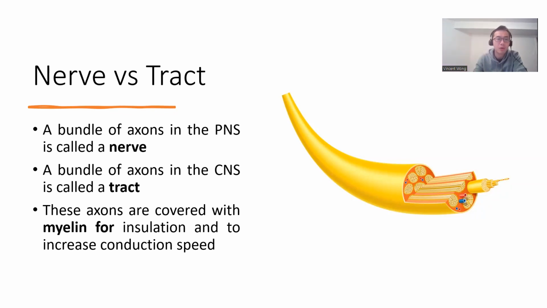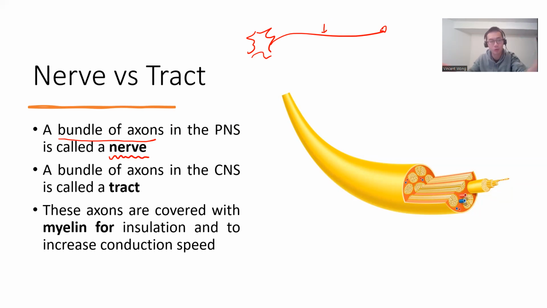So here, if you have a bundle of axons, and you remember axon, right? We just labeled it, it's like that tail. But this is super small and microscopic. But if you have a bunch of them, look, each of these is an axon. If you have this whole bundle, in the PNS, we call that a nerve. Okay, a nerve.